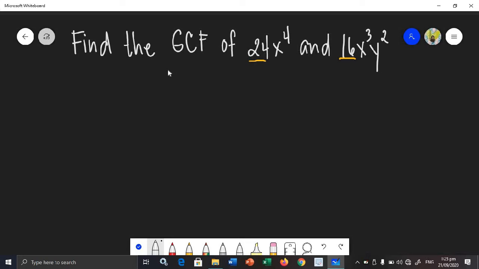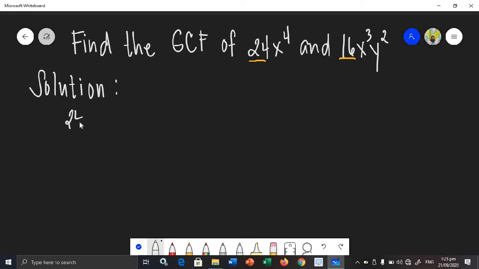If alam niyo na how to find the GCF, you can just take a look at these numbers and say the GCF. Pero, of course, I will be teaching you step by step. So, in finding the GCF, you're going to list all the factors, and then you will be getting the greatest common factor of these two numbers.